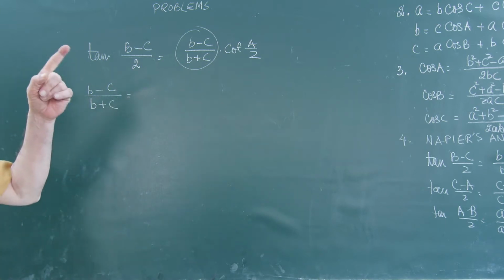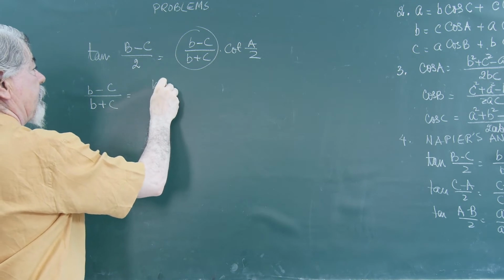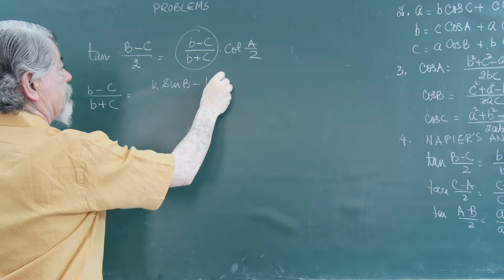From the sine law, b can be written as K sine B, and c can be written as K sine C. You can see it.